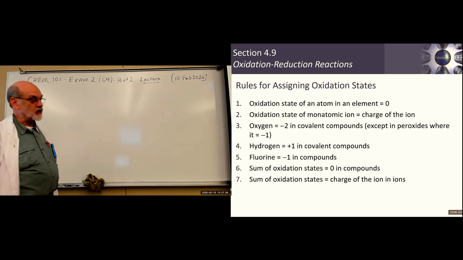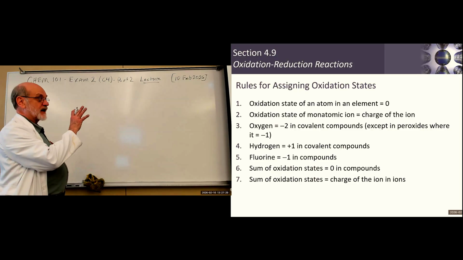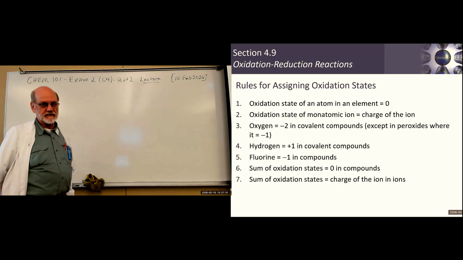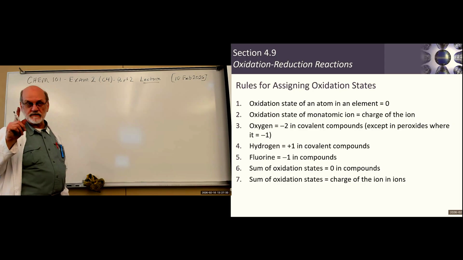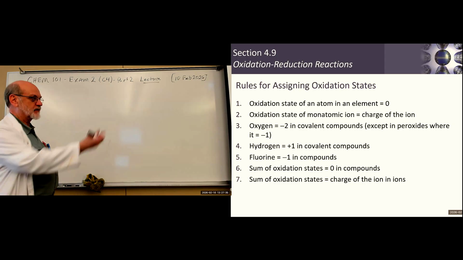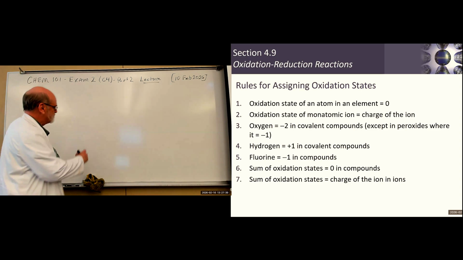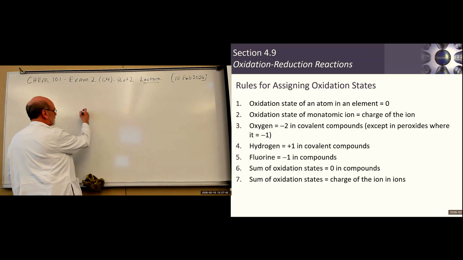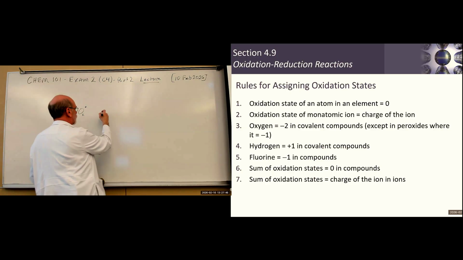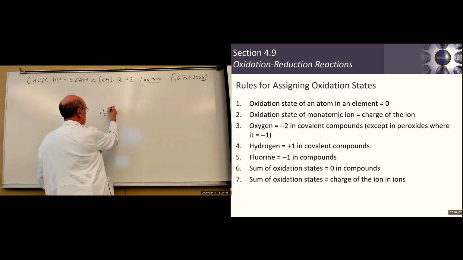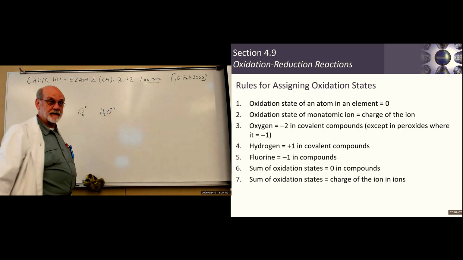Oxygens in covalent compounds are assigned a -2 oxidation state, except for one situation. Oxidation state for this one, let's use oxygen, that's 0. For this one is -2, okay?